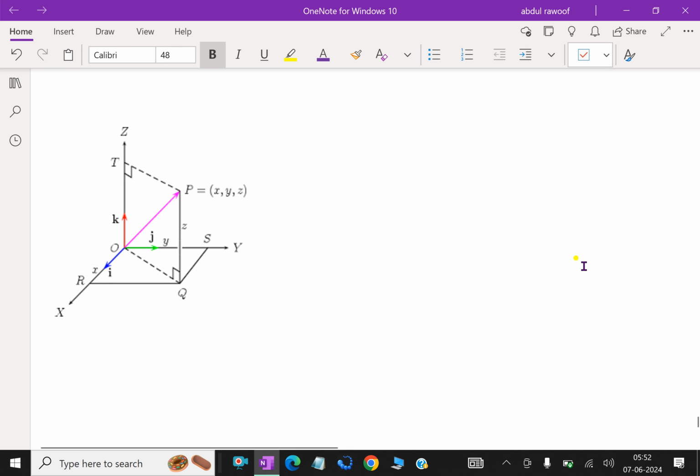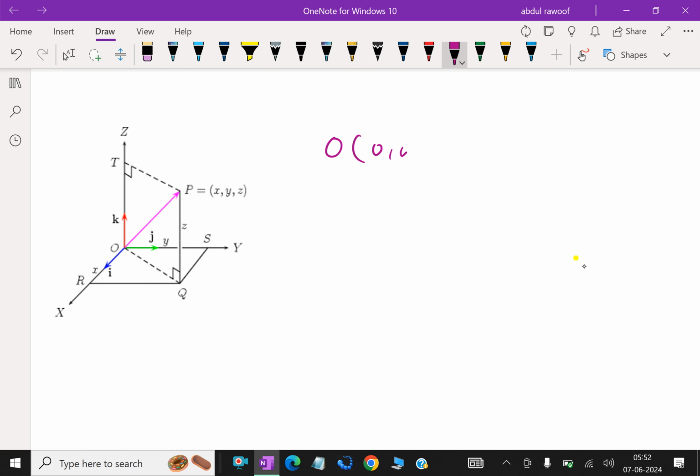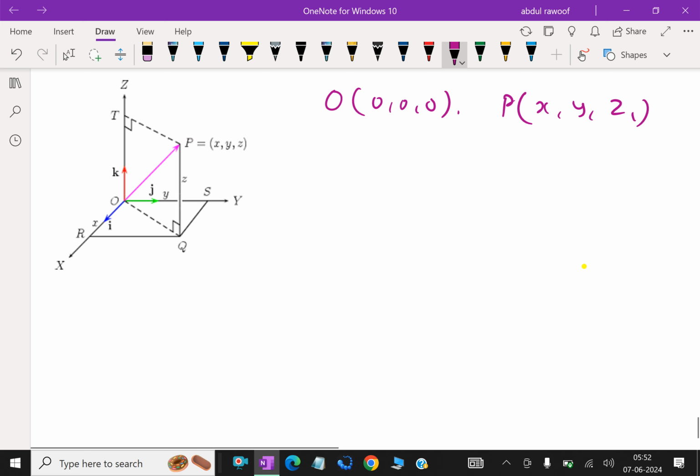Suppose the origin is 0, 0, 0 and P is x1, y1, z1, then vector OP is equal to x1 minus 0 is x1, y1 minus 0 is y1, z1 minus 0 is z1. So it is vector OP.